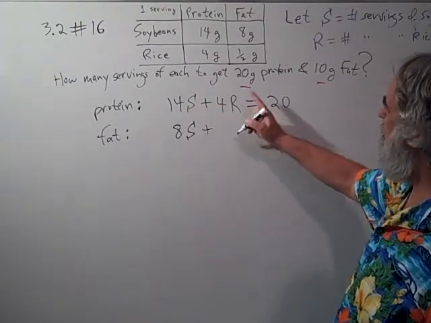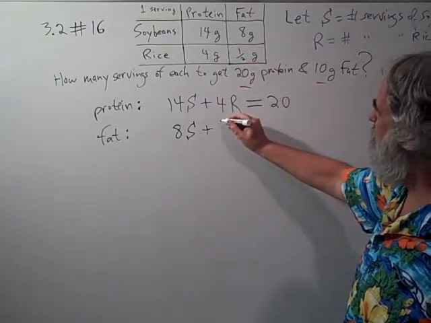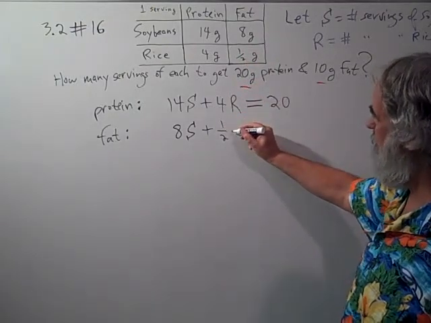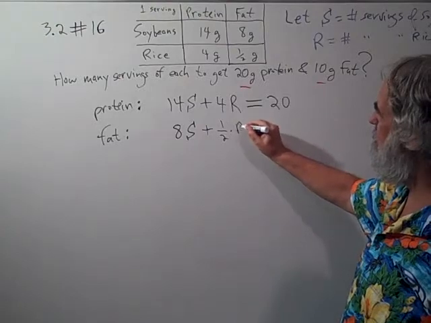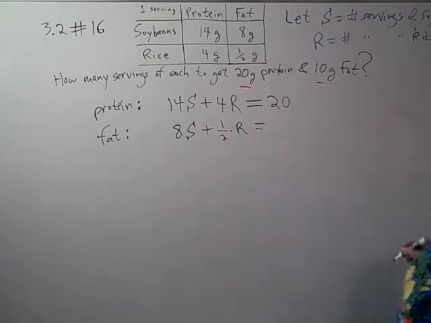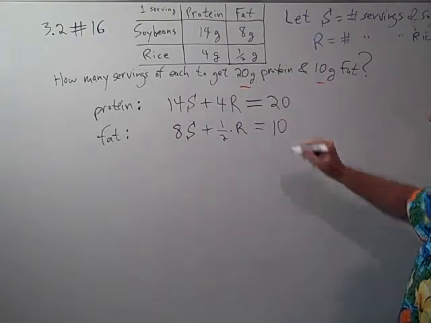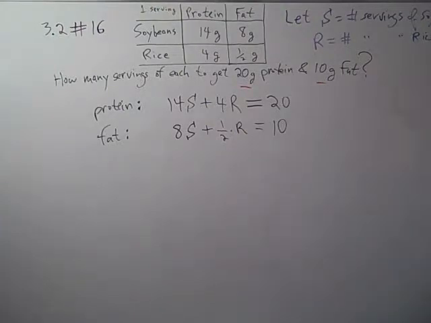Now, rice is only half a gram of fat per serving, so 1/2 a gram of fat times the number of servings of rice, and the total amount of fat we want to be 10 grams. So the first equation describes how much protein, the second describes how much fat is in S servings of soybeans combined with R servings of rice.